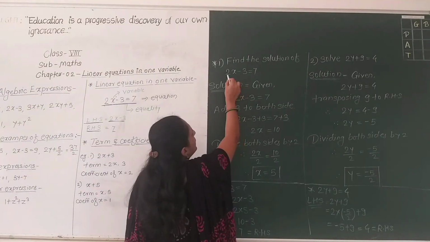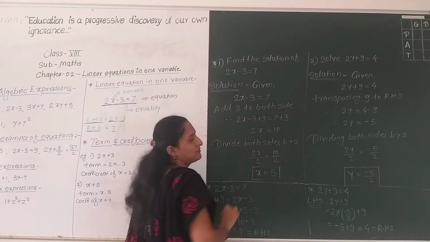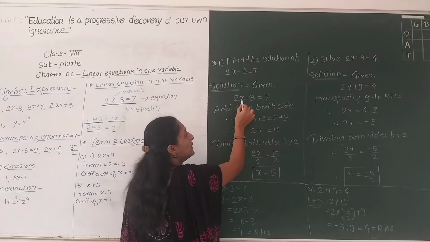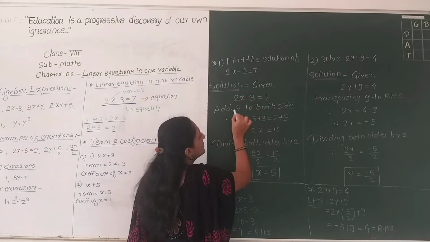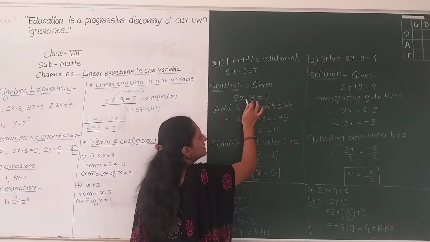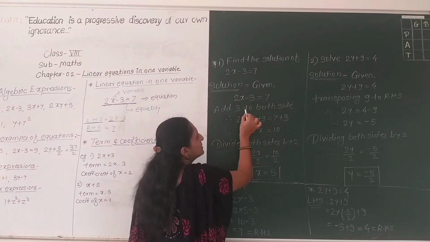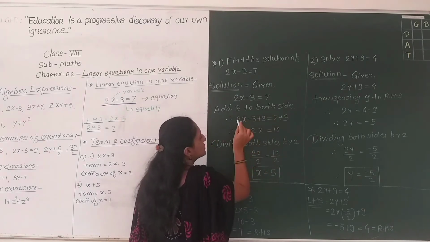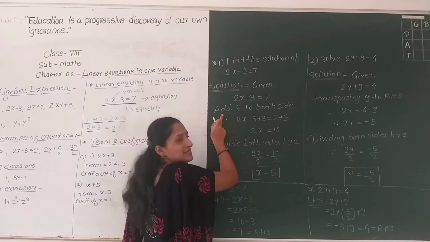Solution. We are given that 2x minus 3 is equal to 7. Now we have to find value of x here. So we add 3 to both sides, since we have to cancel this 3. Why do we add this 3?